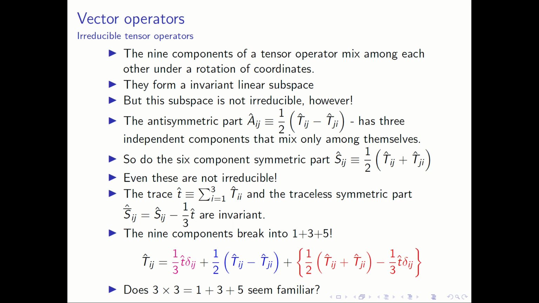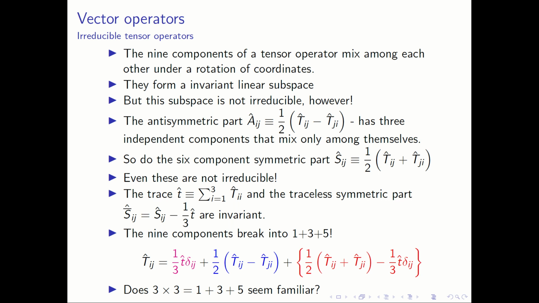That is, the antisymmetric combination, if you rotate your coordinate system, stays always an antisymmetric combination. And here you have only 3 independent pieces, A12, A13 and A23. A21, A31, A32 are just negatives of these. So we have a 3-dimensional invariant subspace.